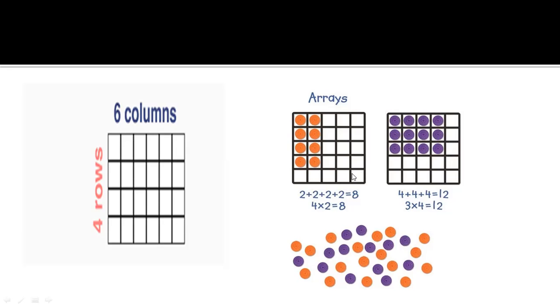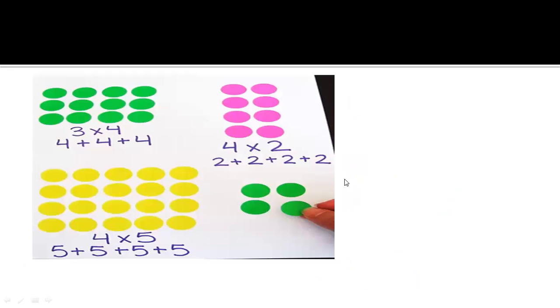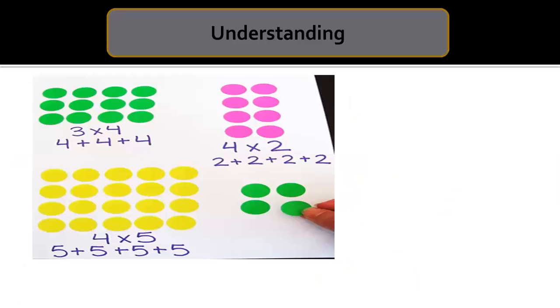So our answer is going to be 12. Here you can see 3 multiplied by 4. Why? In rows we are counting. In rows we have 3 and in columns we have 4. So you can multiply 3 with 4, or you can add 4 three times. So your answer is going to be 12.